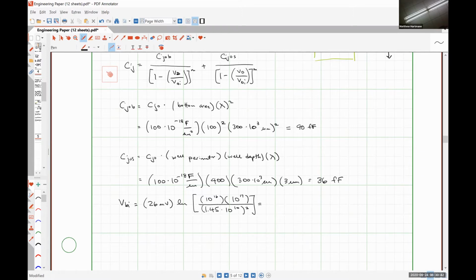We do the math here, we get 759 millivolts.